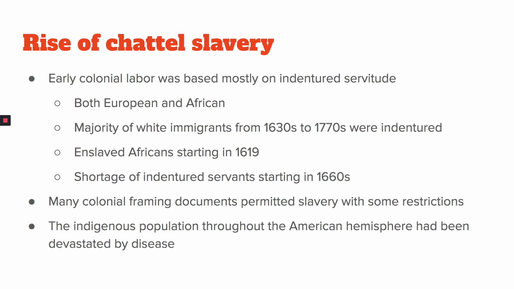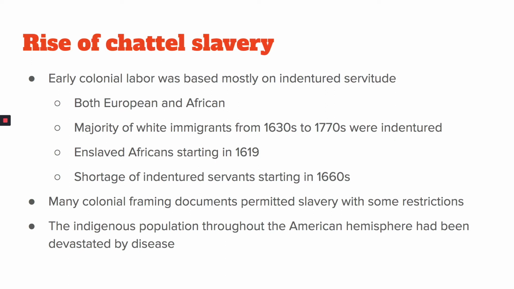Many of the colonial framing documents did permit slavery with restrictions. In fact, the Massachusetts Body of Liberties is the first to include clauses permitting slavery. In the 17th century, slavery is in every colony. And so we can see that with the clauses in the Massachusetts Body of Liberties.